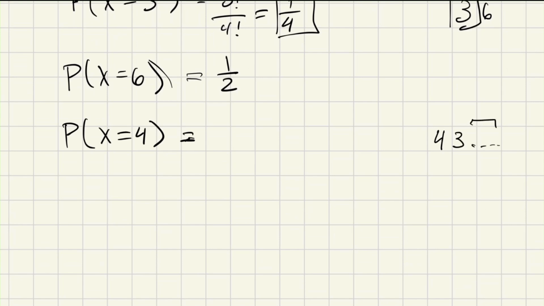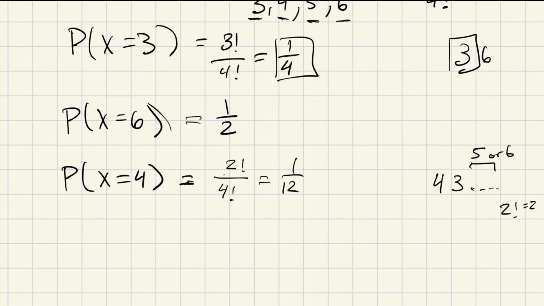We can put in 5 or 6. How many ways are there to do that? 2 factorial ways, which is just 2. Therefore, out of 4 factorial ways, we have 2 factorial arrangements. And what is that? That is just 1/12.